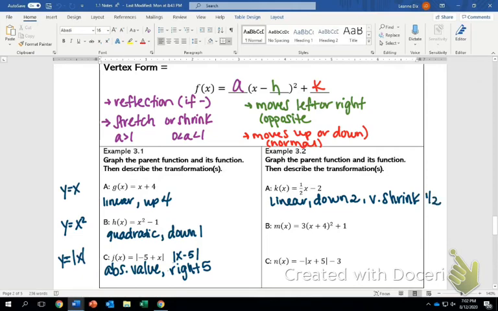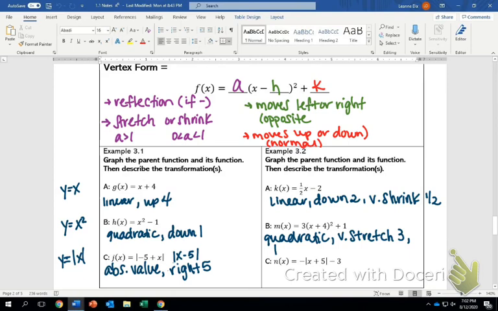Letter B, we have a quadratic function. I know it's quadratic because it says to the power of 2. And I can see that it is going to be a vertical stretch of 3. Again, I know it's a vertical stretch of 3 because the 3 is in the A position, and it is a number bigger than 1.